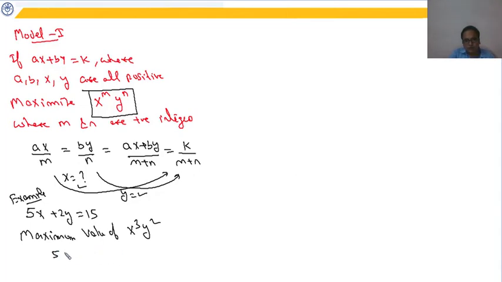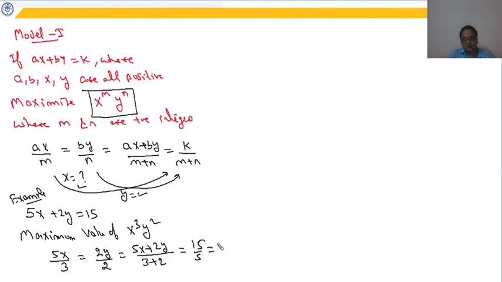So what we do, 5x upon 3 is equal to 2y upon 2 is equal to 5x plus 2y upon 3 plus 2. We add the numerators, so we add the denominators.